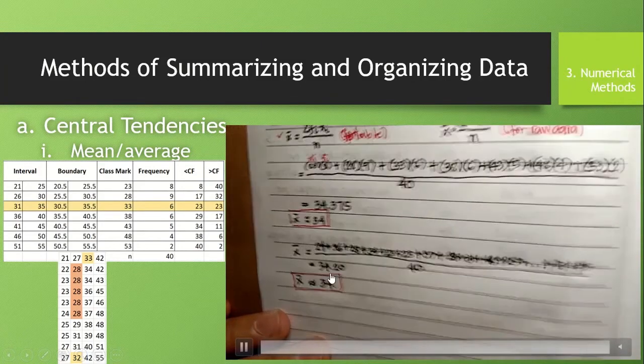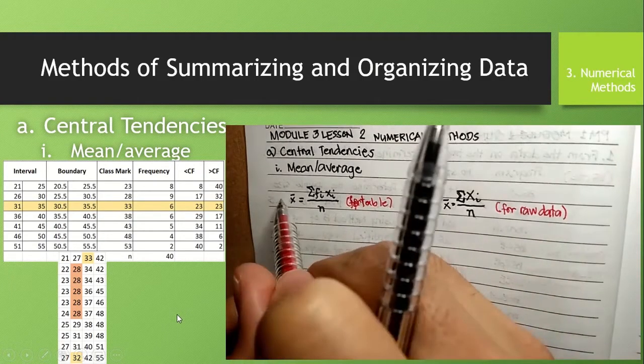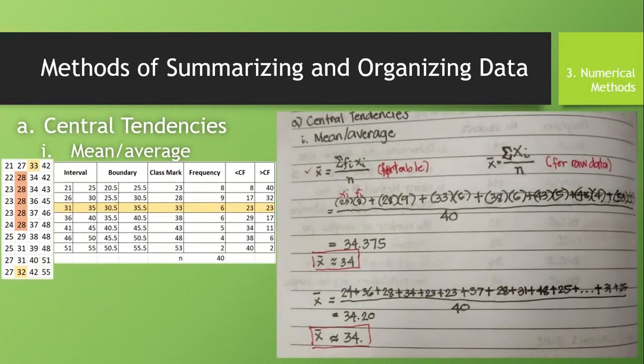Okay, this is the whole solution for the mean. Now you have the mean for grouped data and the mean for ungrouped data. If you check the exact value, they have a difference of 0.175.